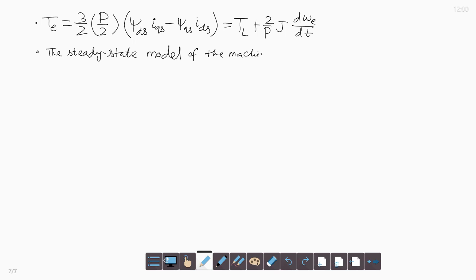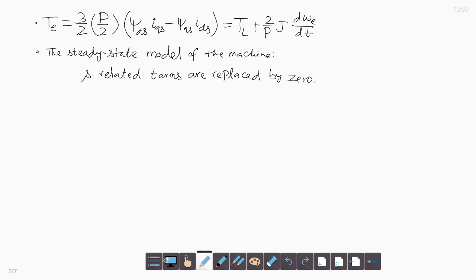From the same equations we will develop the steady state condition. S related terms, because at steady state no d by dt, S related terms are replaced by 0. At steady state S related terms are 0.